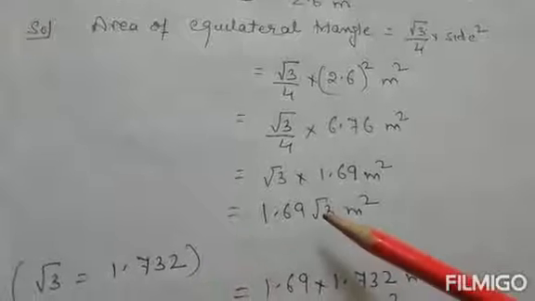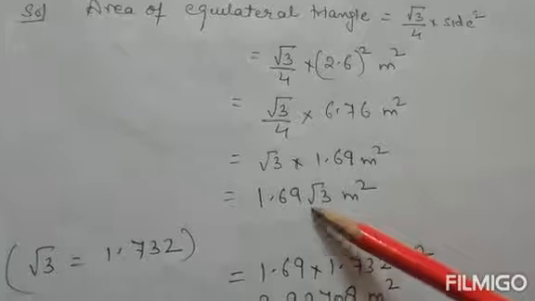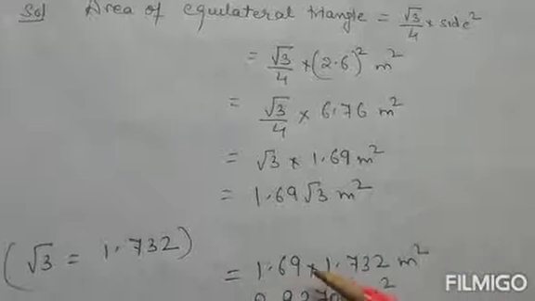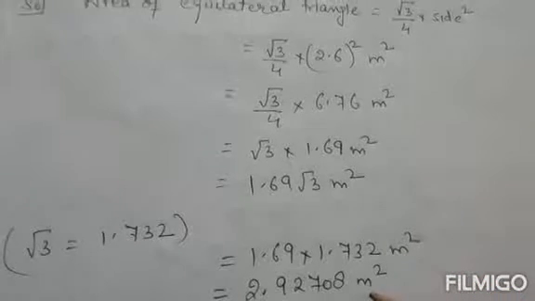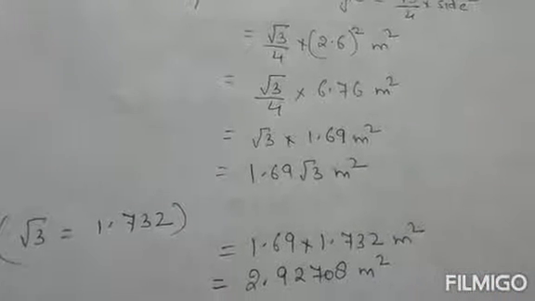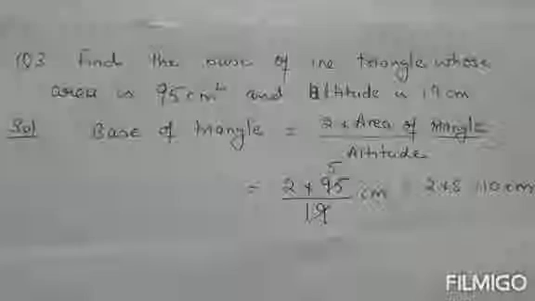So you can substitute the value of square root of 3, which is 1.732 here. So you will get 1.69 multiply 1.732 meters square equals to 2.92708 meters square as area of given equilateral triangle.